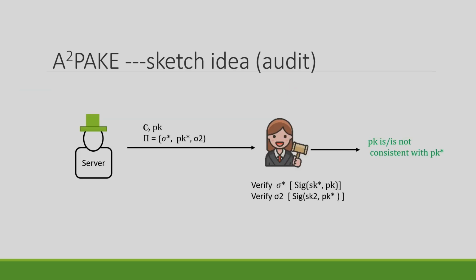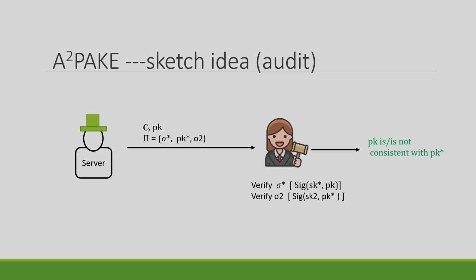If at a later stage a server wants to prove that this public key PK belongs to a certain client, he will only need to provide these two signatures, sigma star and sigma 2, and PK star, so that an auditor can verify that sigma star is indeed a signature of this public key PK with the secret key SK star that is linked to the client upon registration, and also verify that server 2 was happy with the establishment of this registration phase, right?